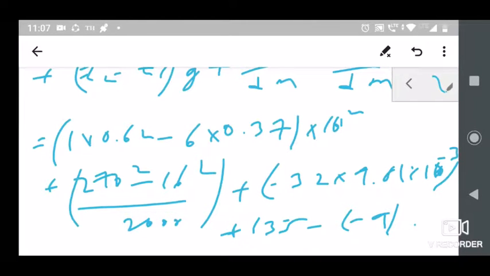The 9 is because heat has been rejected.